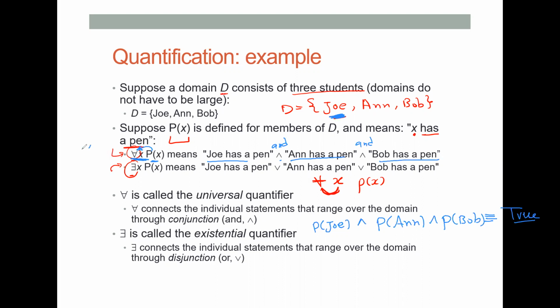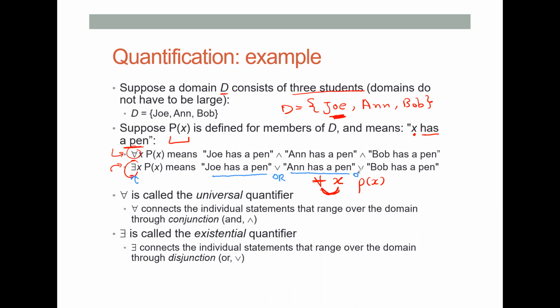Okay, so the universal quantifier means that it's true for all instances inside the domain, while the existential quantifier means at least one of them has a pen. So Joe has a pen, or Anne has a pen, or Bob has a pen.